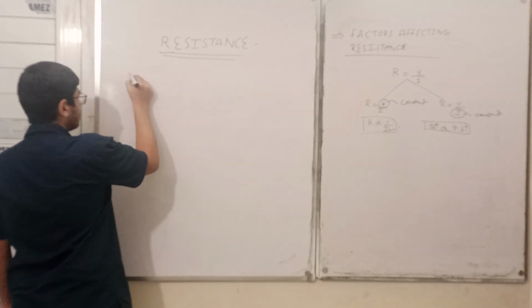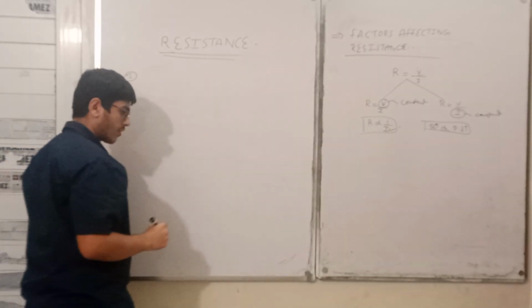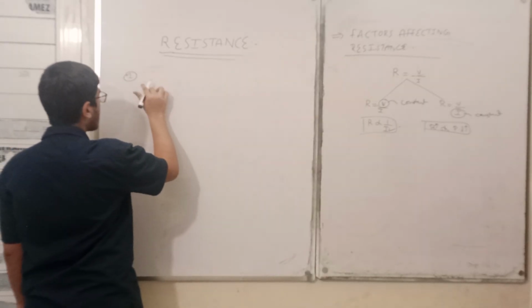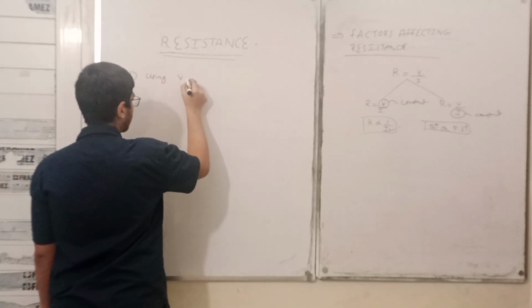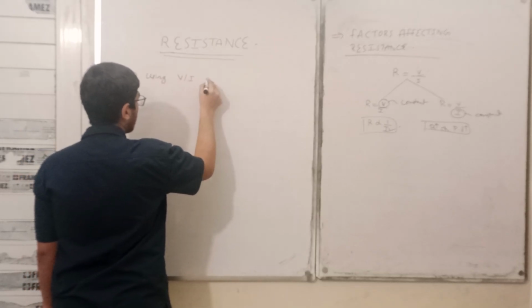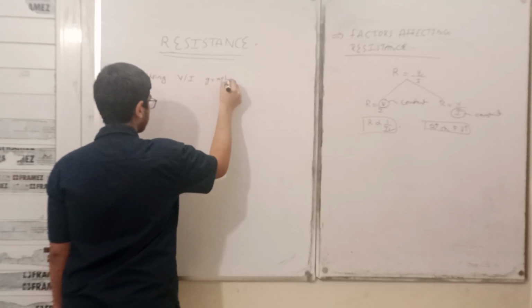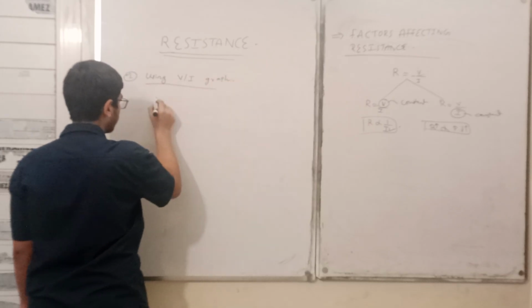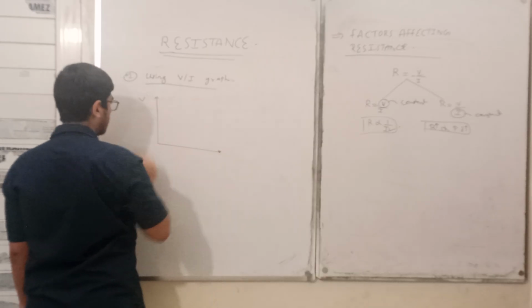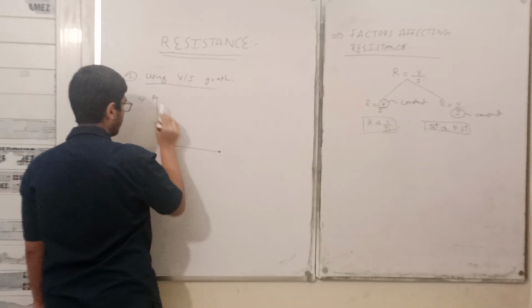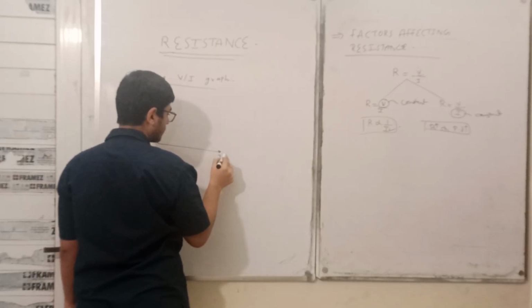The first factor is using potential difference against I graph. We have kept potential difference on y-axis and current on x-axis.